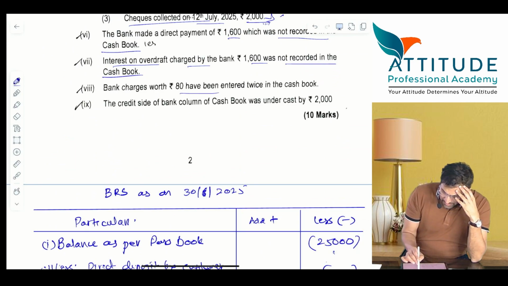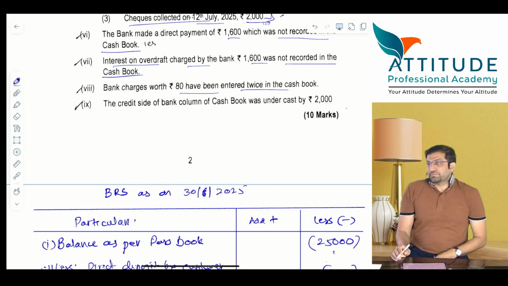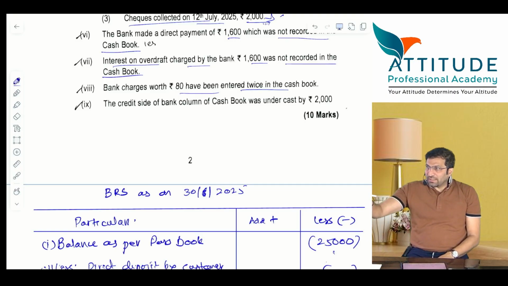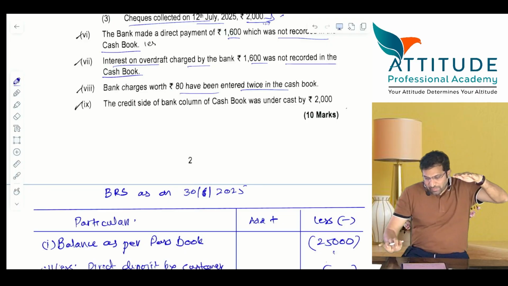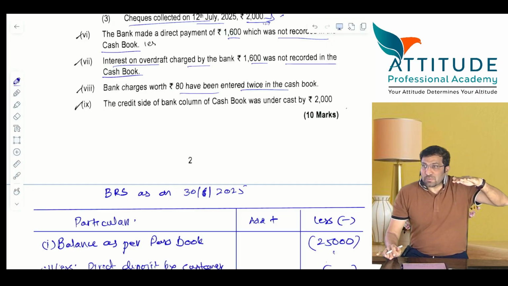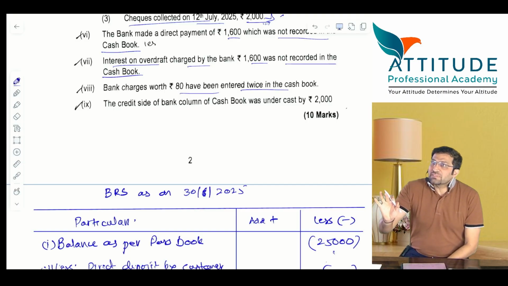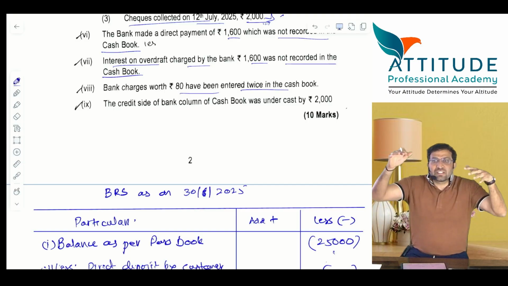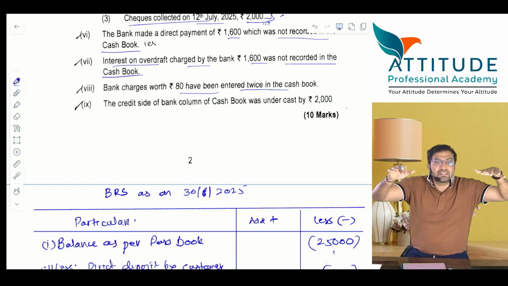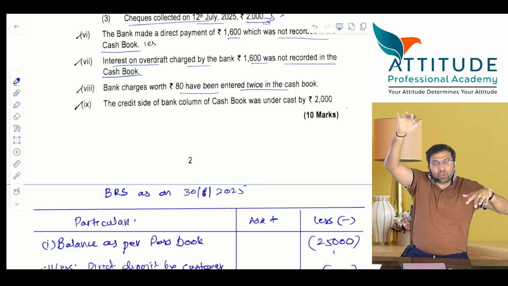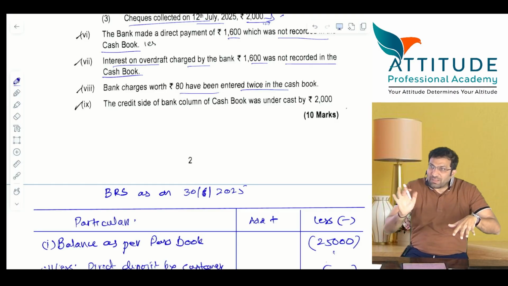Bank charges 80 had been entered twice in cash book. Means passbook में एक ही बार रिकॉर्ड हुआ है, तो passbook balance is down only by 80, but cash book balance is down by 80. So difference of 80 only. Is that clear? So where the balance is more, where the balance is less? Passbook the balance is more, cash book the balance is less by 80, not by 160.